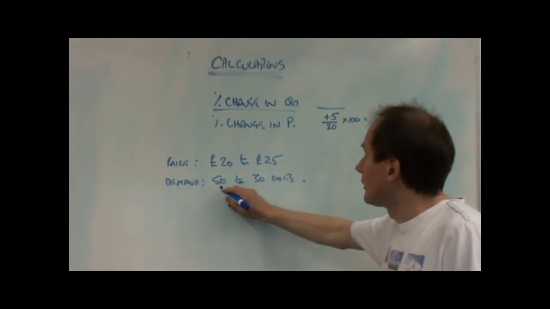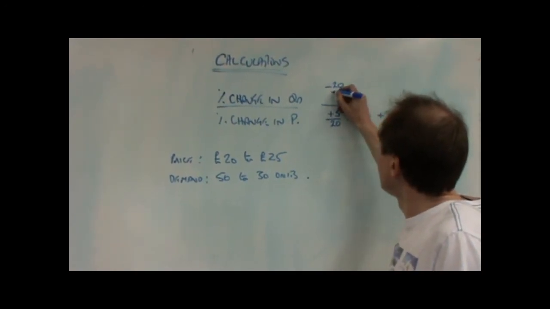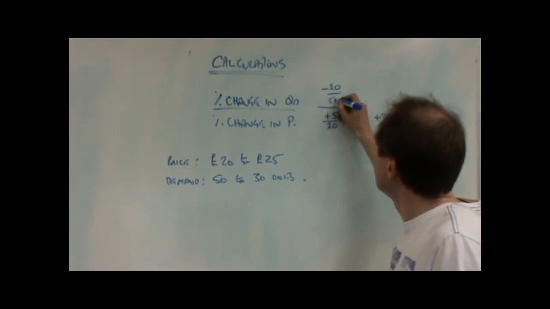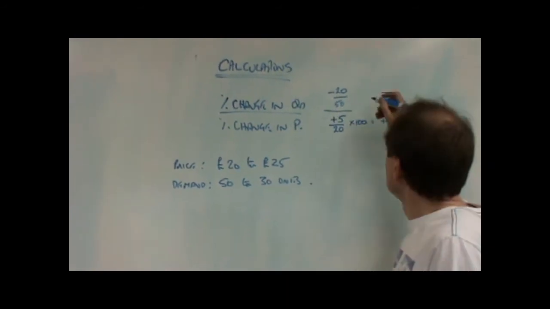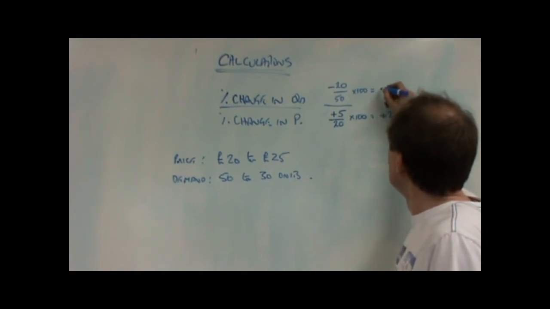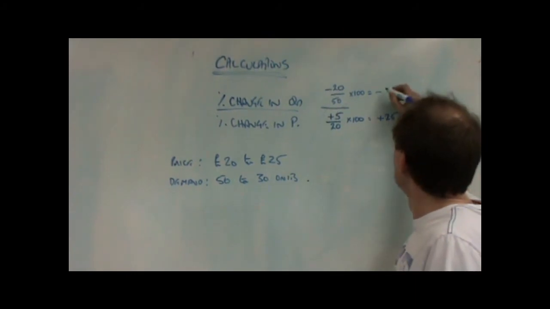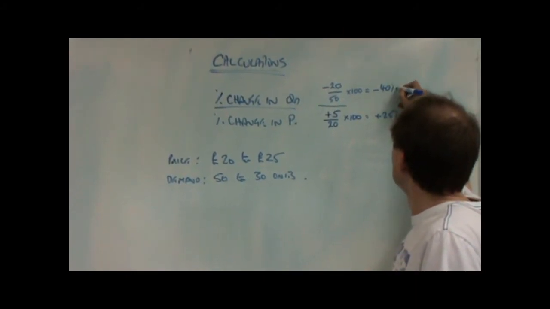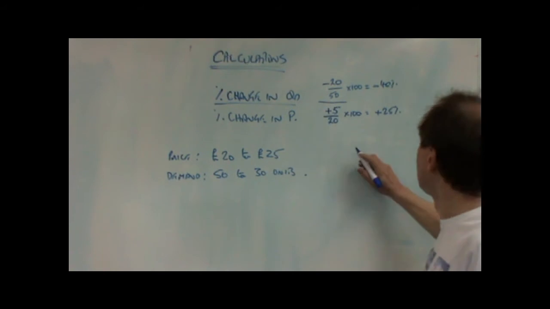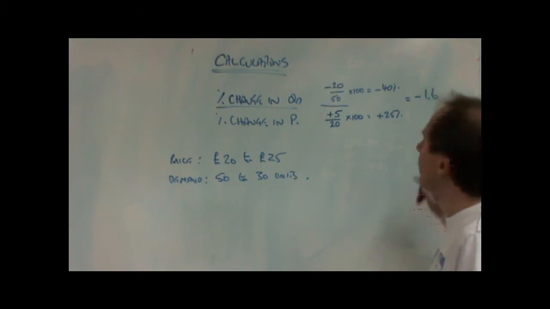What's the change in demand? It's gone down by 20 units from an original of 50, times 100%. That gives you minus 40%, which simply in this case means that demand has gone down. If we then divide one by the other, we get that price elasticity of demand is minus 1.6.